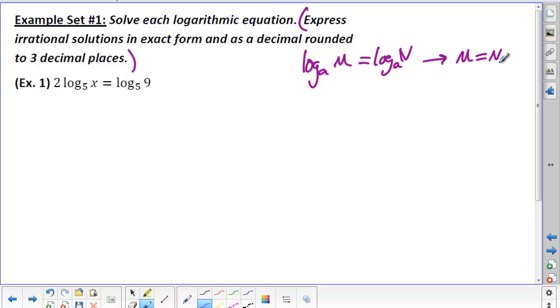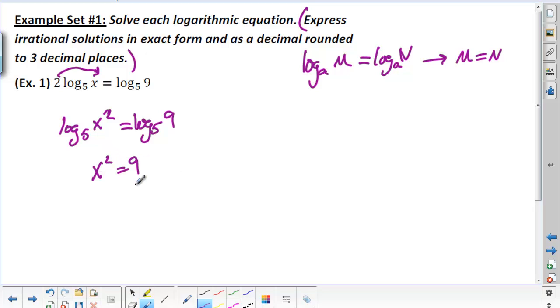Both sides are base 5 logarithms, but we've got this 2 that's making things rough. What we can do is move that 2 and make it an exponent on the x. Now notice both sides are single logarithms, base 5, and so we drop the logarithm notation.